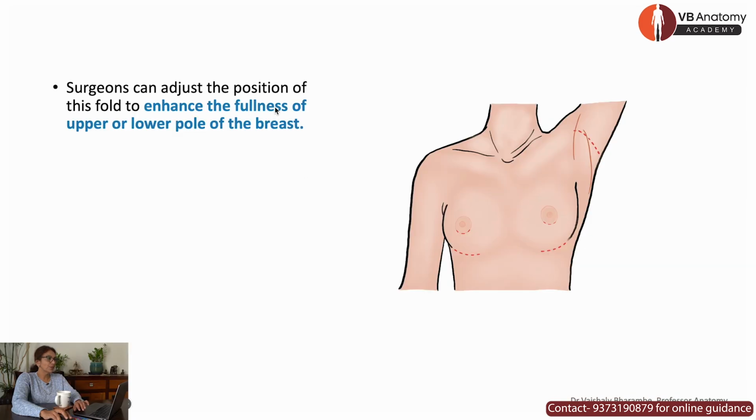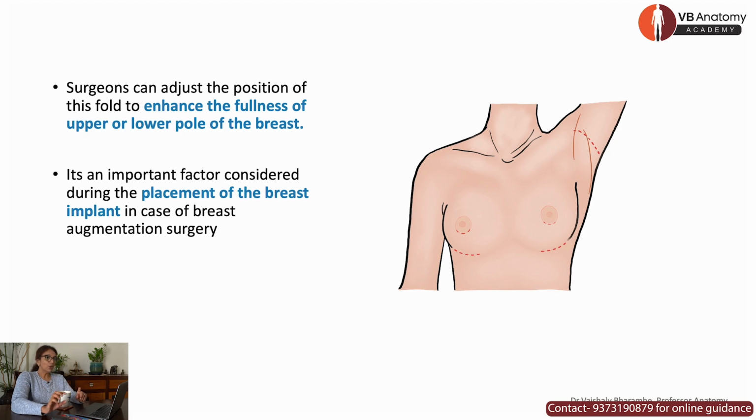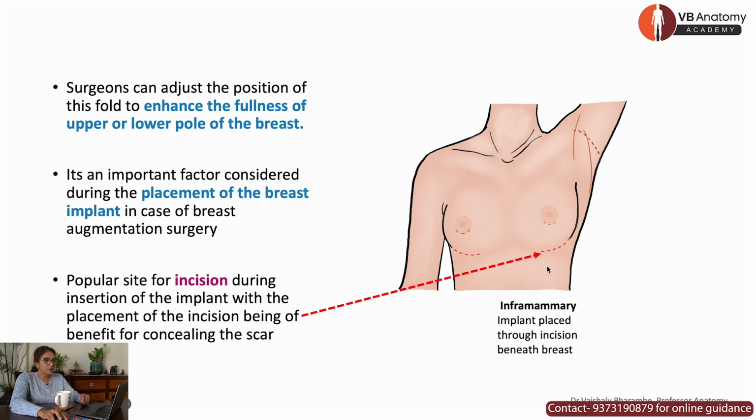Let's understand how. Surgeons can alter this to enhance the fullness of the upper or lower breast. It can also be an important site for placing the breast implant. So you can decide where you want to take that incision. See here, this is an inframammary incision. After it is healed, this incision will not be visible.